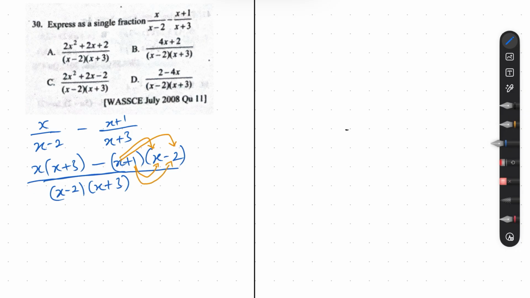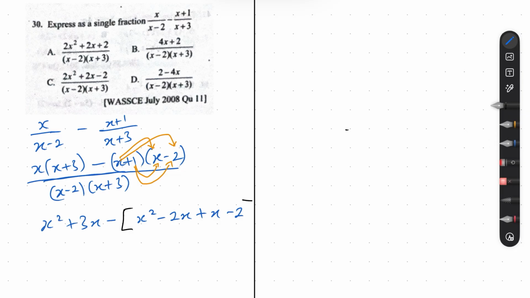So we have x squared plus 3x minus, let's open a big bracket, x squared minus 2x plus x minus 2.